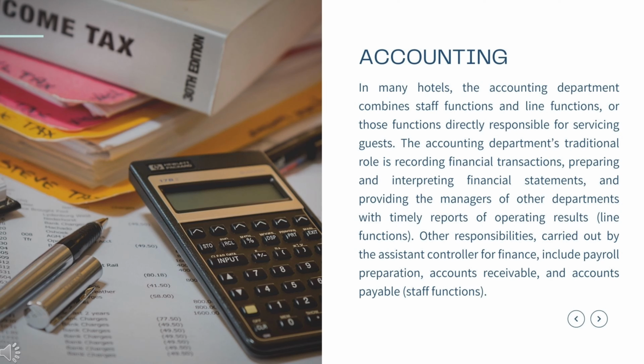Other responsibilities carried out by the Assistant Controller for Finance include payroll preparation, accounts receivable, and accounts payable. Another dimension of the accounting department's responsibilities deals with various aspects of hotel operations, cost accounting, and cost control throughout the hotel. The two areas of central concern of the accounting department are rooms and food and beverage.